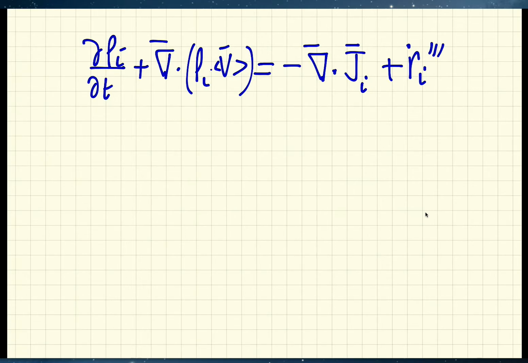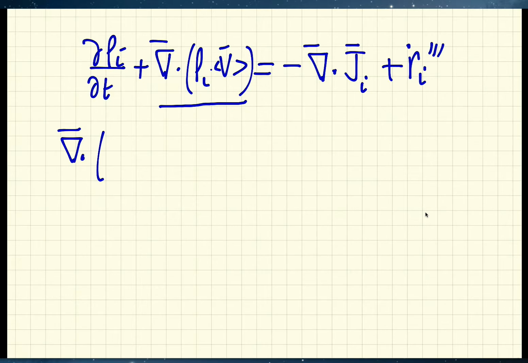Now what I would like to do is show you that this term is equal to 0 if we have an incompressible fluid, and then we'll pull one term out of it. We're going to write it like this.